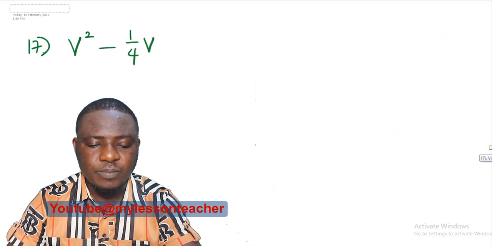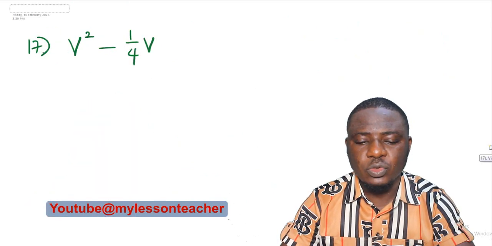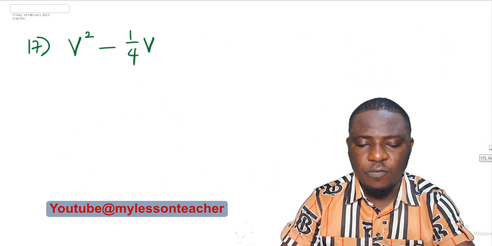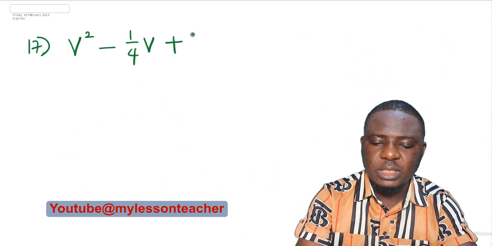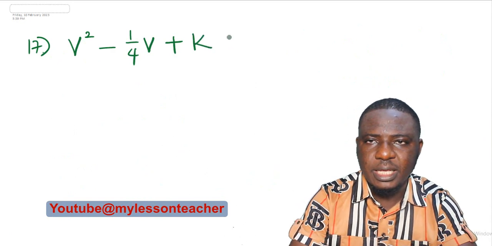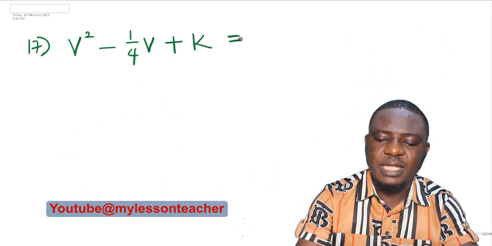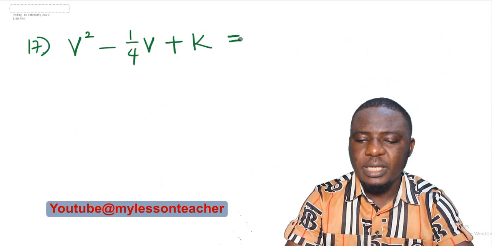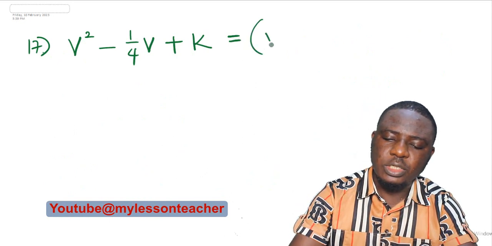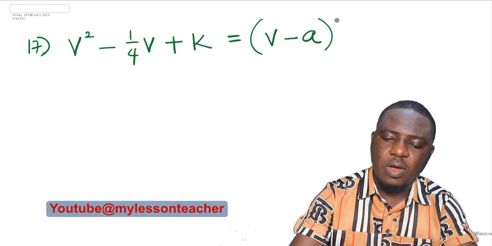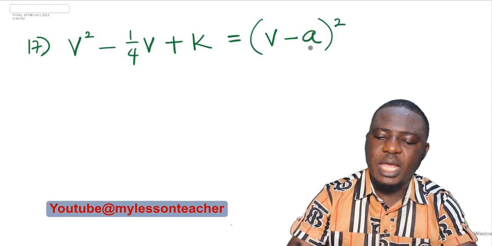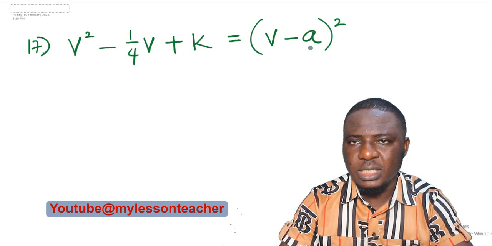Question 17. V squared minus 1 over 4v. So we said let that term that must be added to this be said to be k. And if k is that term that makes it a perfect square, it therefore means that its factor is going to be v minus a all squared, where a is a constant term.